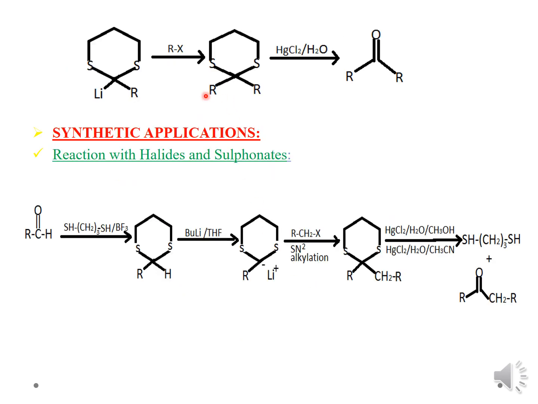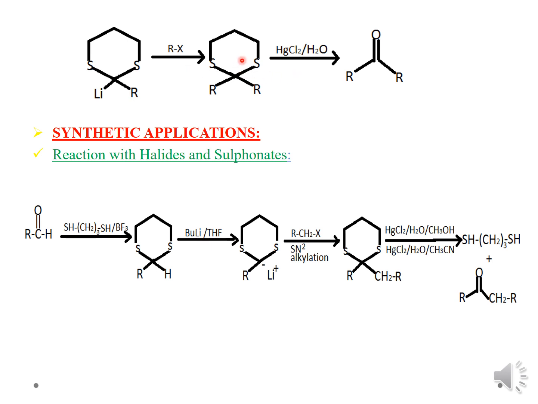Now if you move on here, the lithiated 1,3-dithiane, if you treat this with RX, that is your alkyl halide, first it will generate the negative charge and then lithium will abstract the halide group and the alkyl group gets substituted over here, generating this structure with the cleavage of lithium halide.